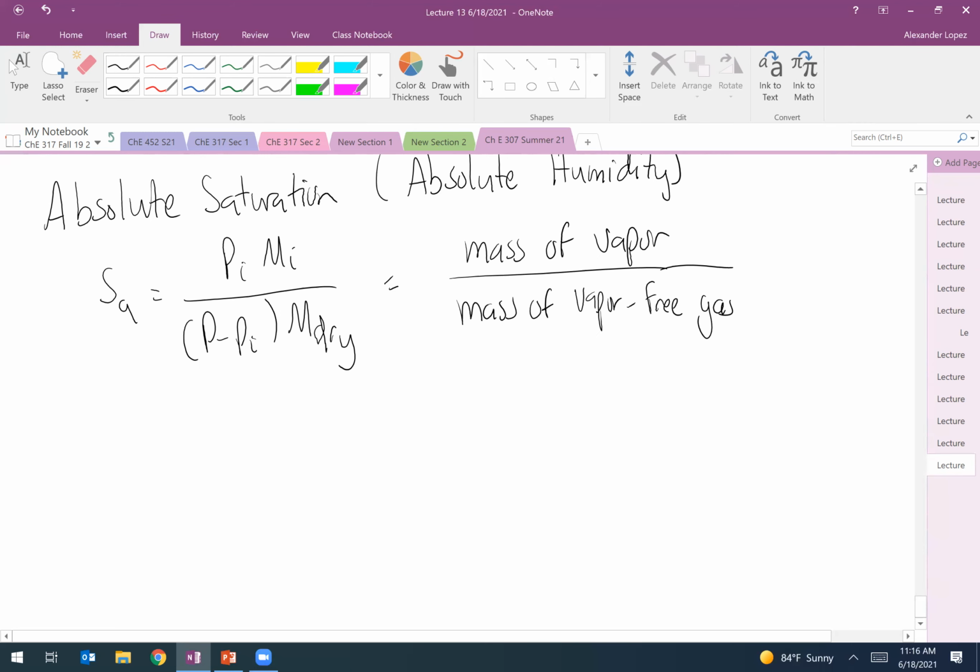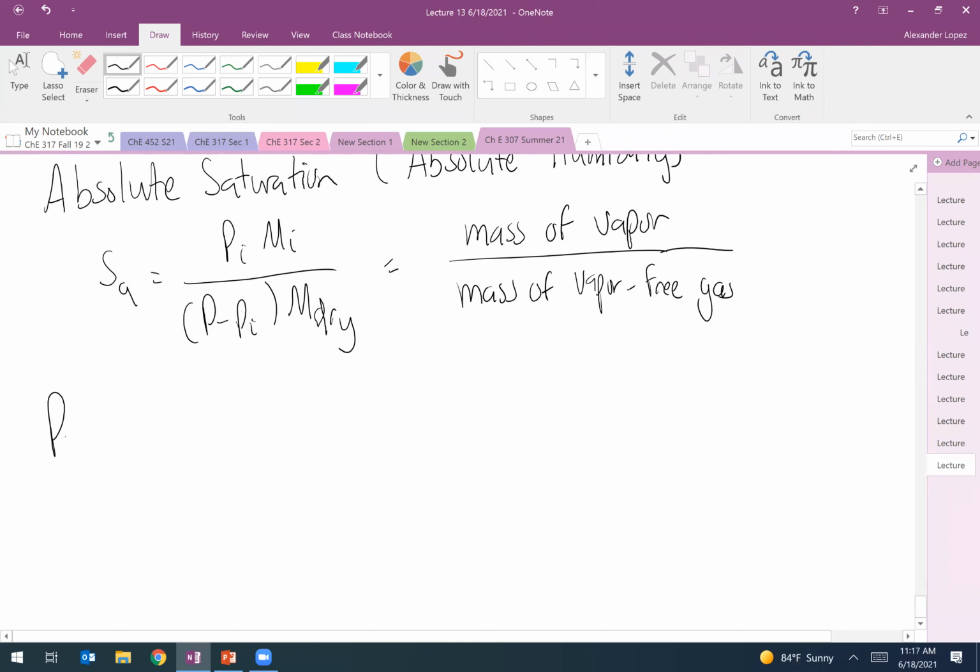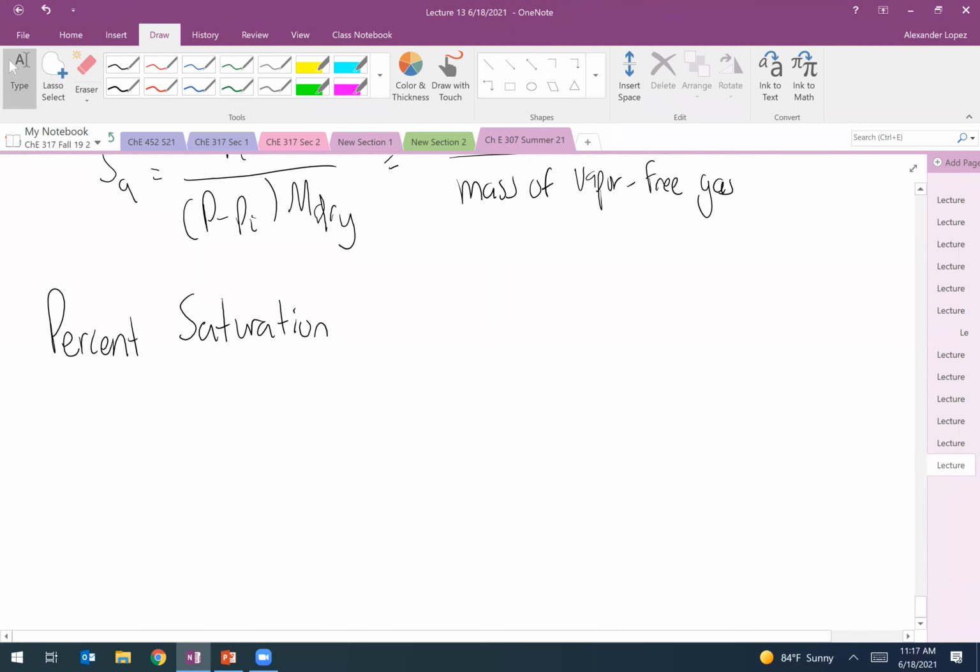And the last one is looking at percent saturation, which is S_M over S_M*, which is essentially looking at molar saturation compared to molar saturation when everything's fully saturated.